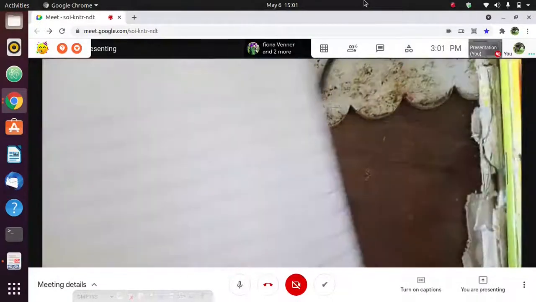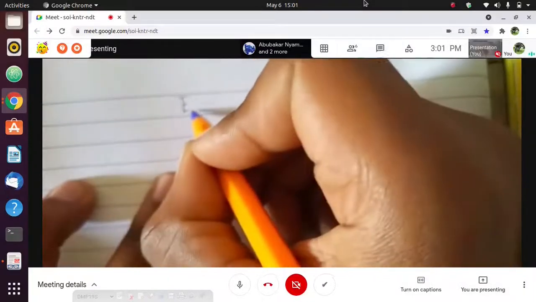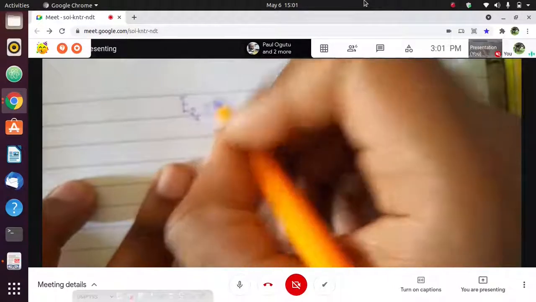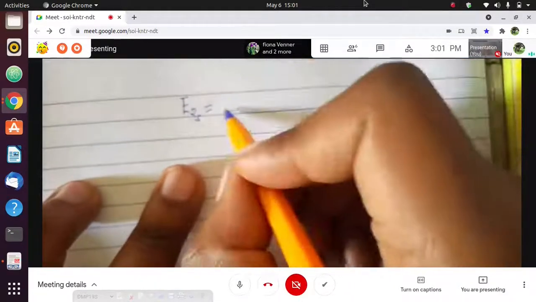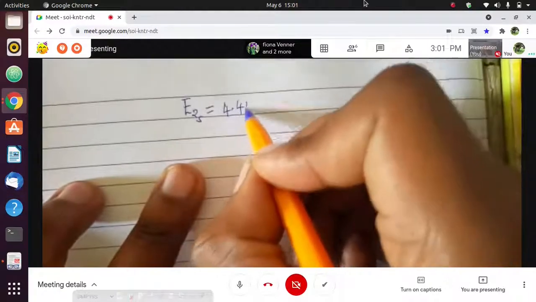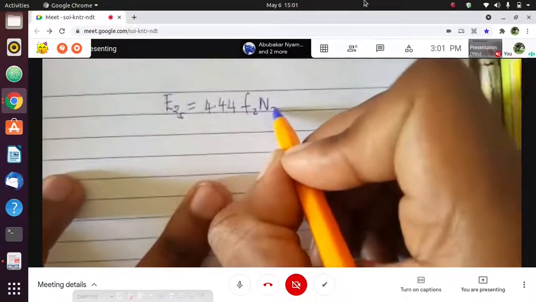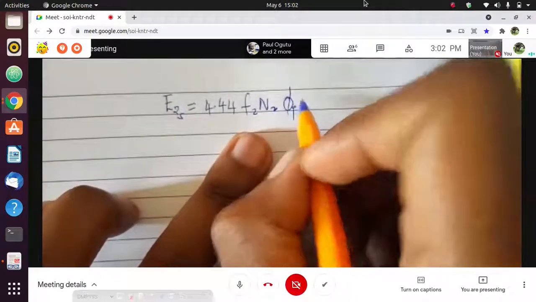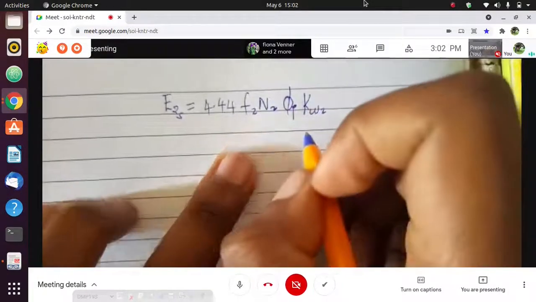Now, the voltage induced in the rotor circuit at slip S, when the rotor is rotating, will be given by 4.44 times the frequency F2 times the number of series windings in the rotor circuit, times the flux per pole in that rotor circuit, times the winding factor, Kw2.